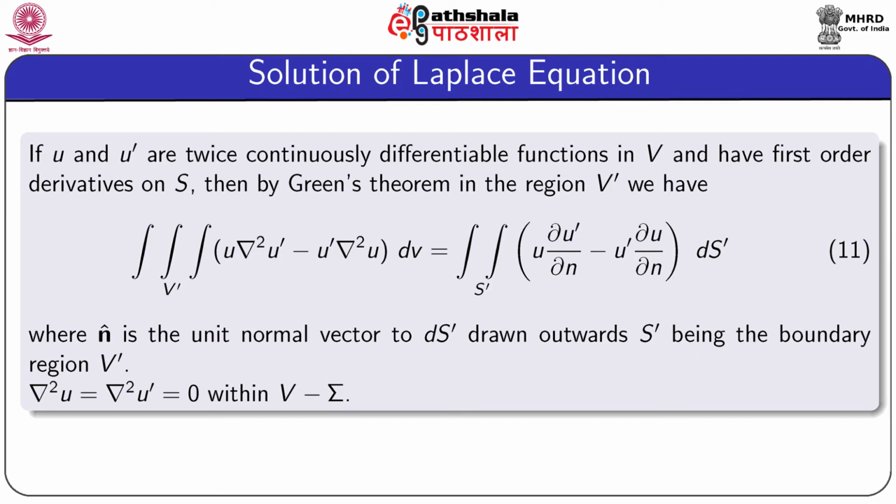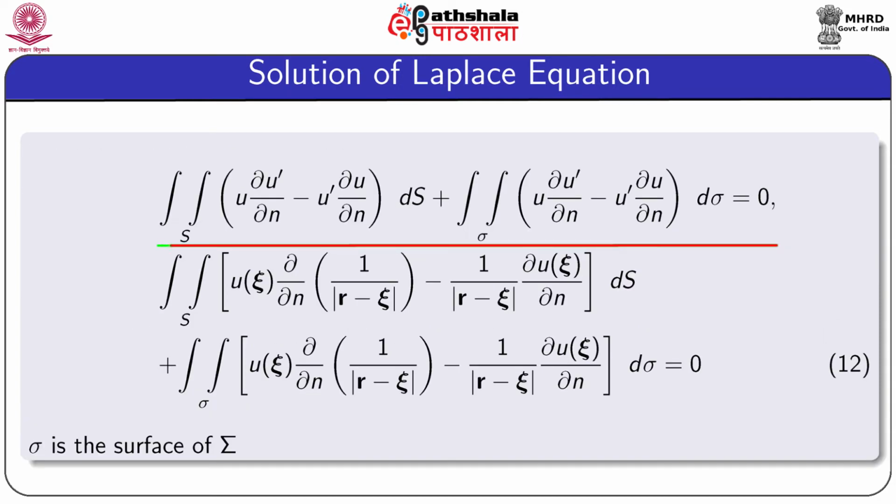So, this surface integral can be written as the integration over S of u del u dash del n minus u dash del u del n dS, plus the surface integral over sigma of the same quantity, is equal to 0.